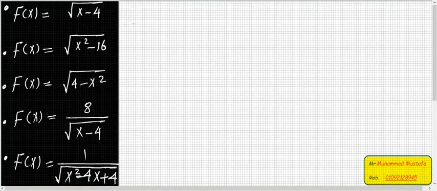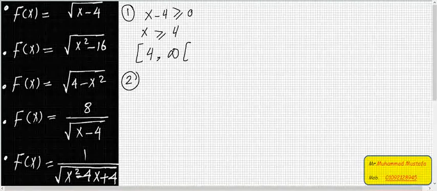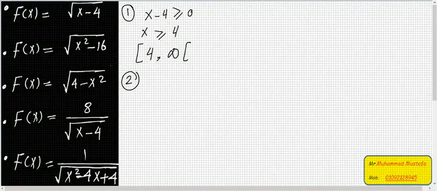For f(x), number 1, f(x) equals the square root of x - 4. We put x - 4 greater than or equal to 0, so x is greater than or equal to 4, from 4 closed to infinity open. Number 2, the square root of x² - 16.